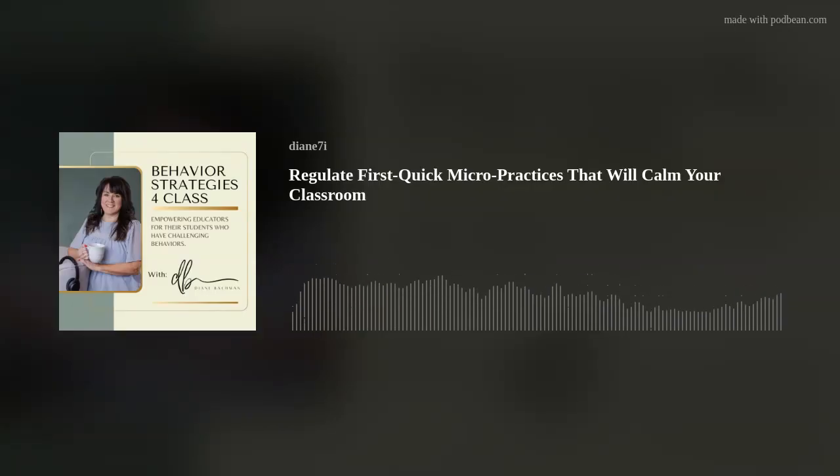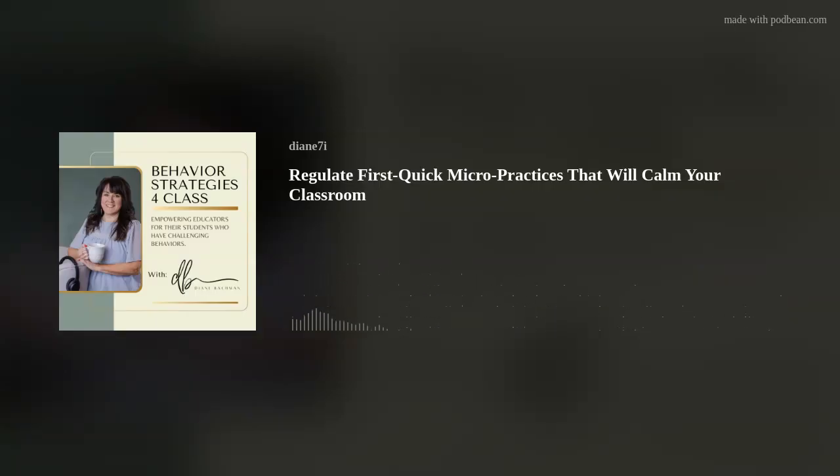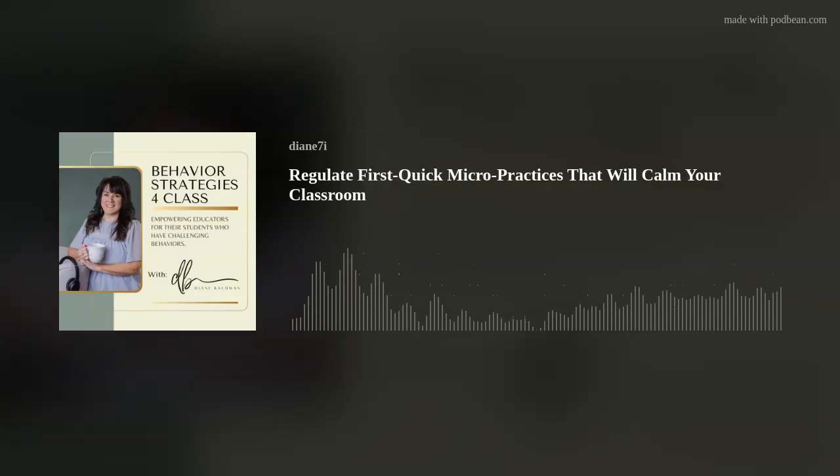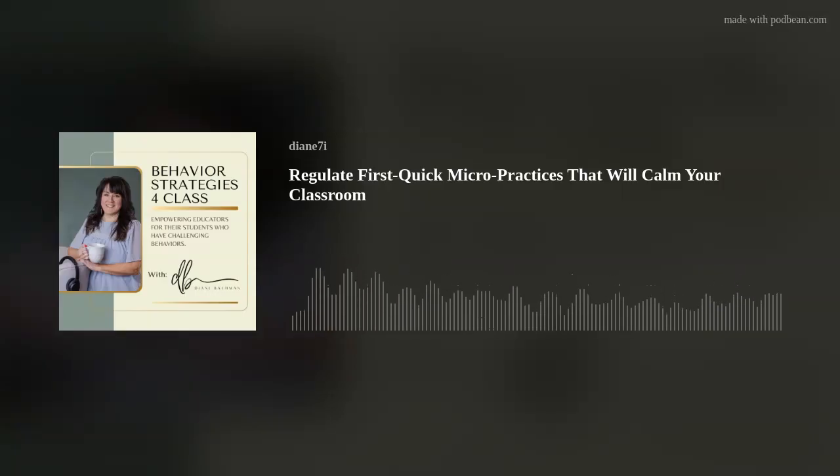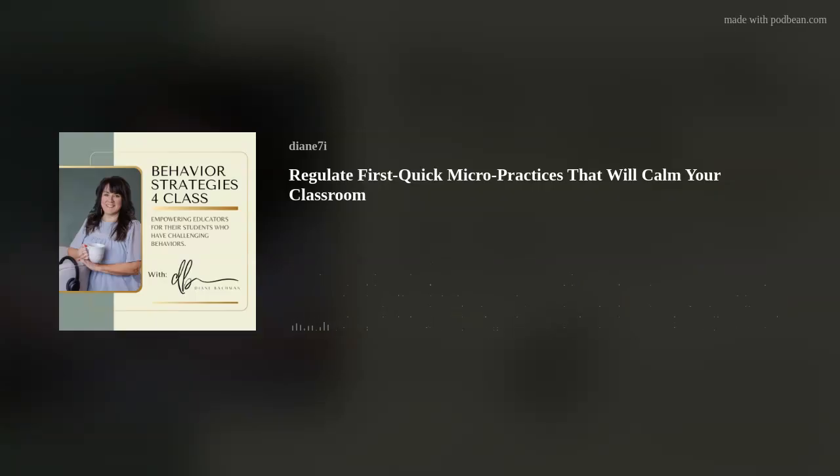So I really like that one. Just starting off calm and cool in your classroom. Number 3 is the anchor phrase. So predictable language signals safety. So sometimes just like, let's settle our bodies. Everybody, sit at your desk.